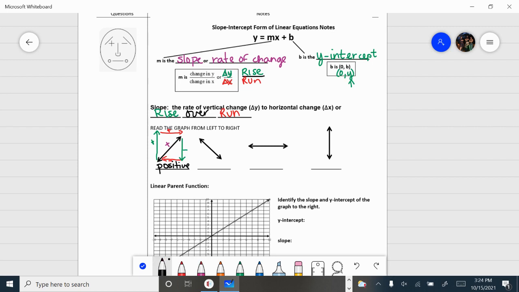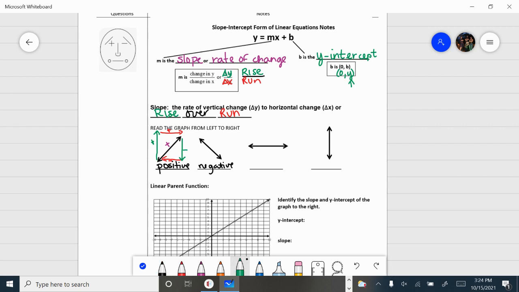Okay, now a negative slope goes down as you look at it from left to right, like if you're reading a book. Okay, positive direction goes up, left to right, both x and y are increasing. With a negative slope, it goes down as you look at it from left to right. Your x is increasing, but your y is decreasing when you're looking at the actual values.